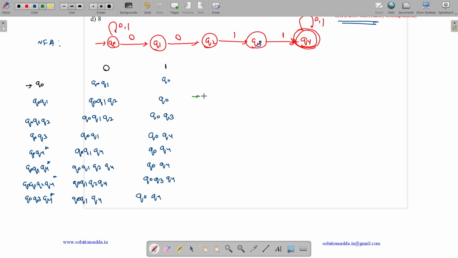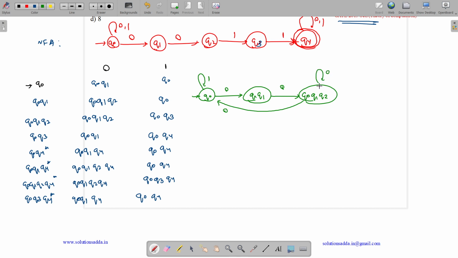The DFA will have a state Q0, which on 0 goes to Q0 Q1, and on 1 goes to Q0 only. Q0 Q1 on a 0 goes to Q0 Q1 Q2, Q0 Q1 Q2 on a 0 goes to Q0 Q1 Q2, and on a 1 goes to Q0 Q3.